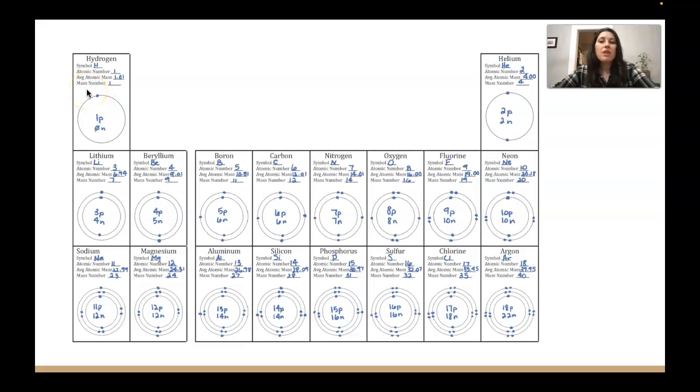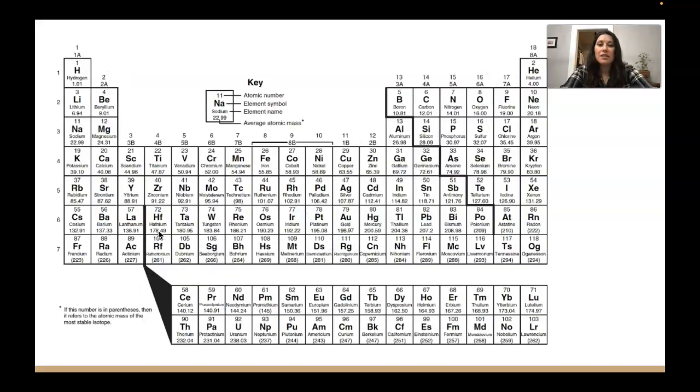So for instance, if you look at everything in group 1A, hydrogen, lithium, sodium, those all have one valence electron. Beryllium and magnesium and everything in group 2A have two valence electrons, right? And so on and so forth. So that is just one of the many trends that are repeated periodically on the periodic table. So let's get into a couple more today.